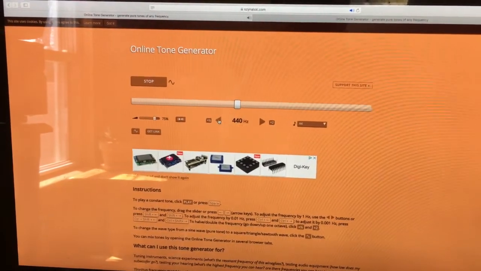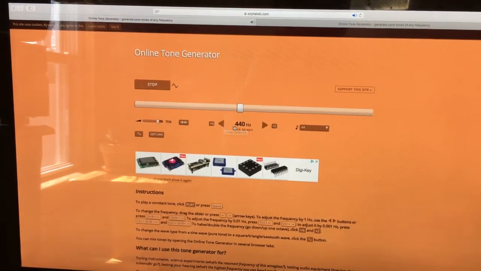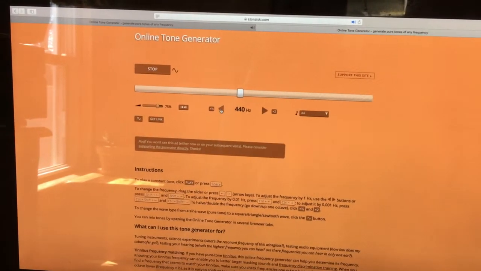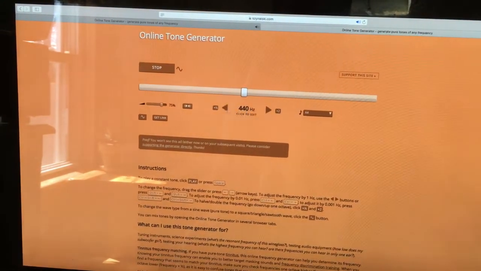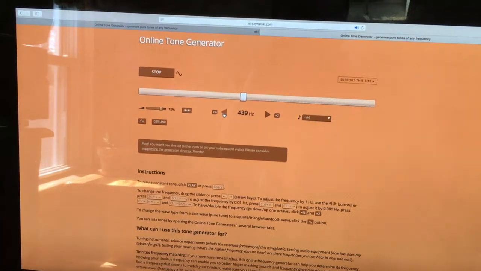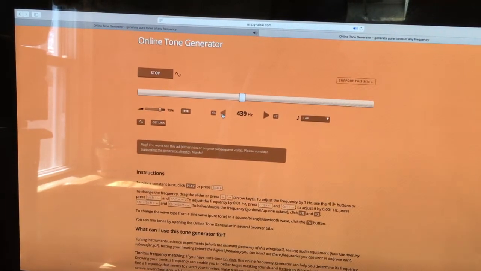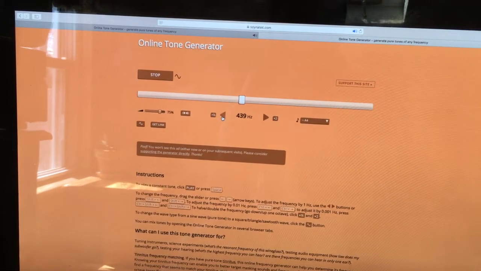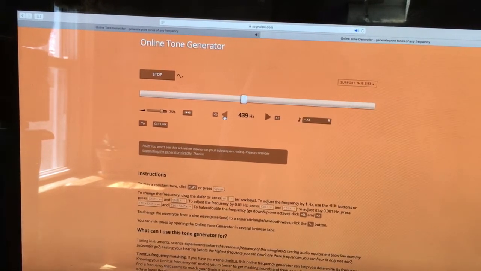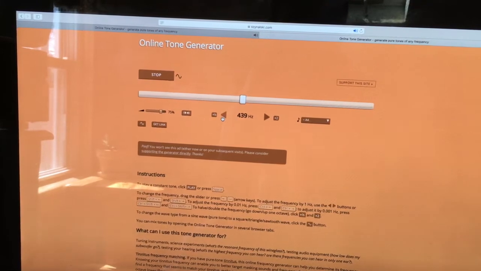What we're going to do to experience beats is move this from 440 hertz, right? Because they're both playing at 440. I'm going to move one of these to 439, so just down 1 hertz. And you should notice a pattern there. Loud, quiet, loud, quiet, loud, quiet.